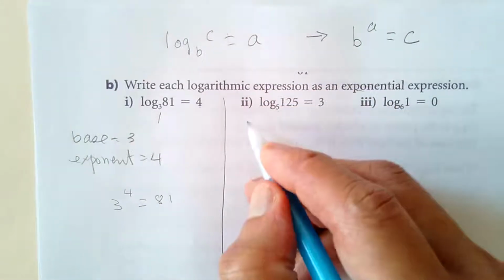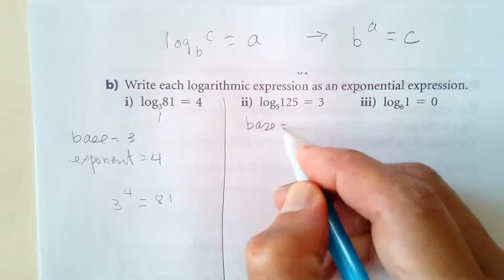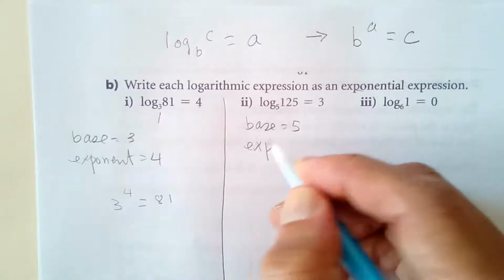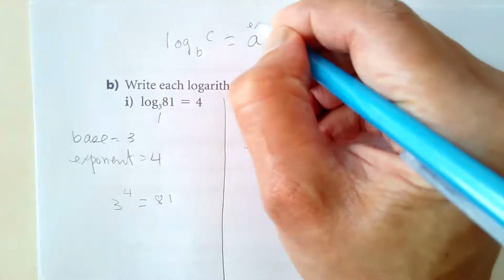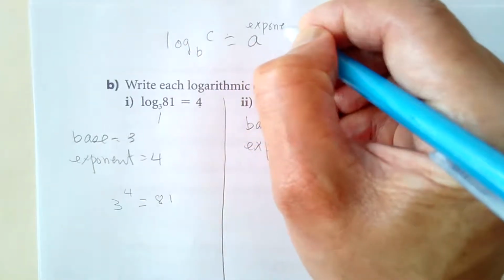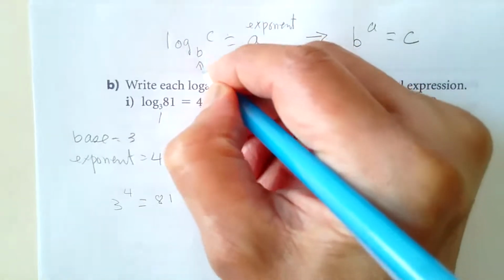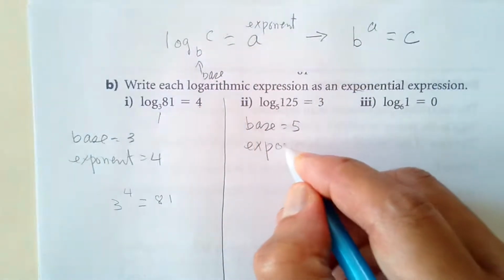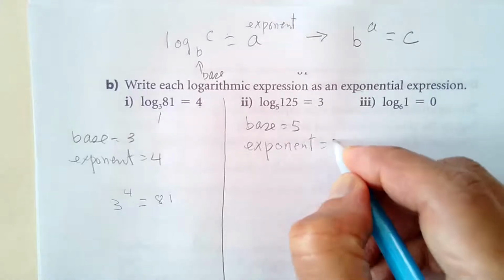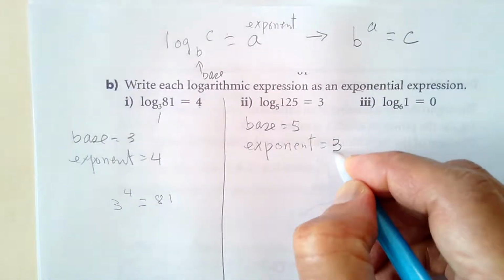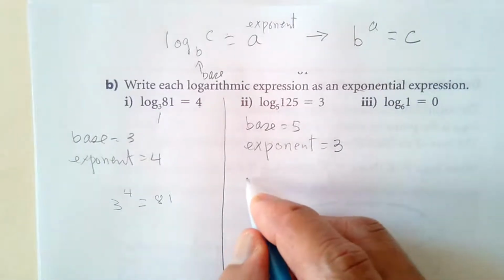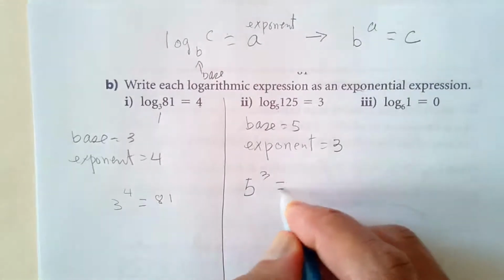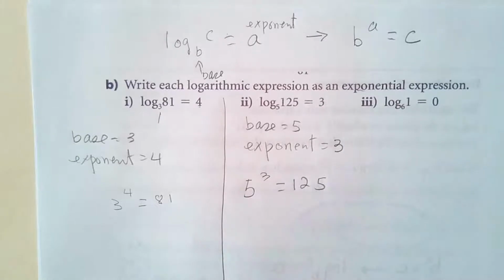The next base is equal to 5. Our exponent, maybe if you were to help yourself here, exponent is 3. So we end up with 5 to the power 3 equals 125.